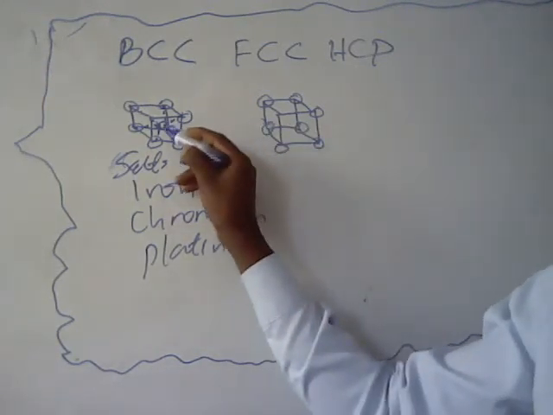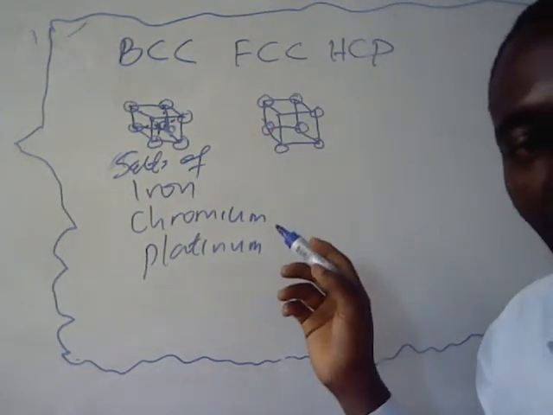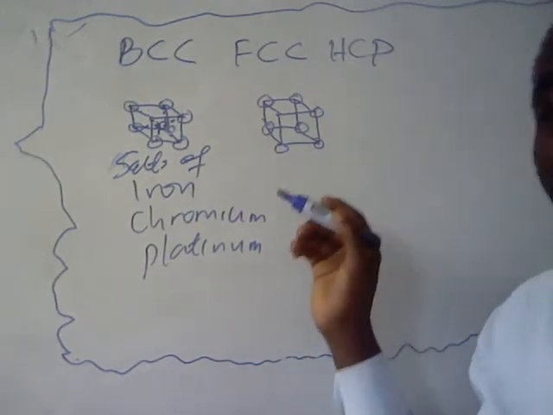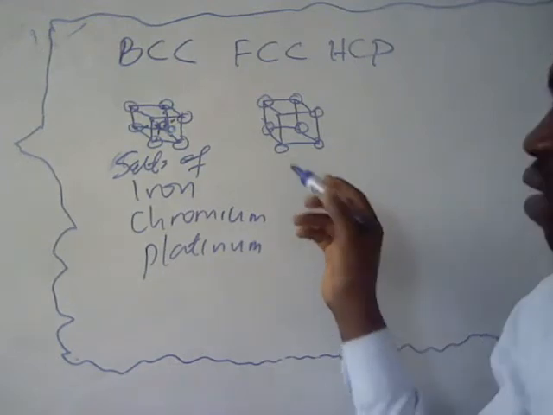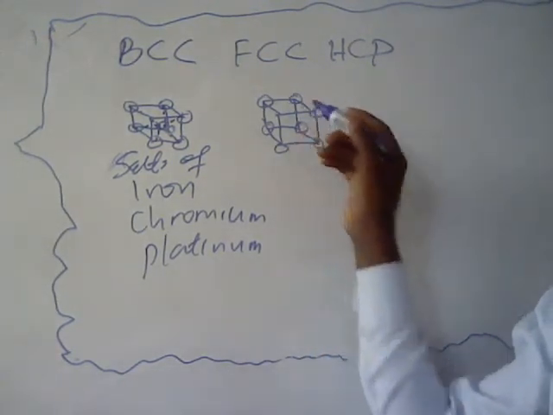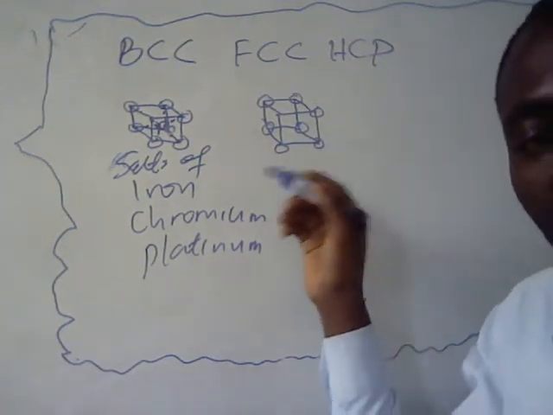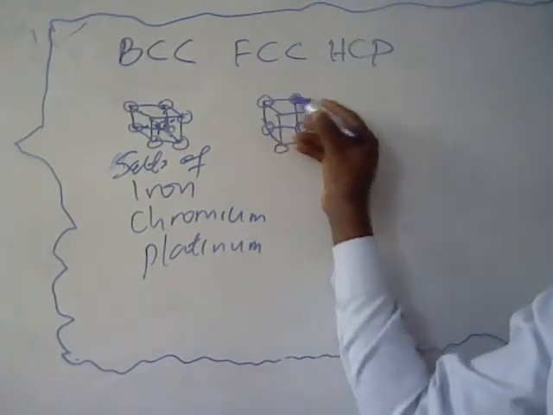Then we now have that same identical particles at each of the faces. You know a cube has 6 faces. You put another particle at each of the faces, apart from each of the corners. This face is taking 1.